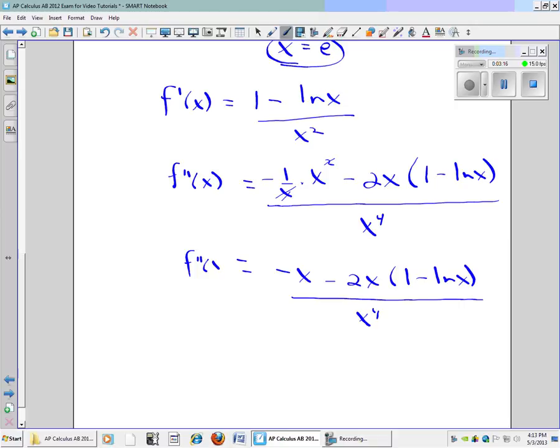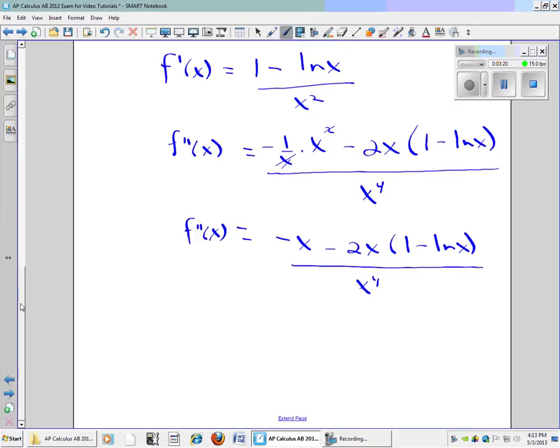And we want to find out what's happening at the point e. So the second derivative at e would be equal to negative e minus 2 times e times 1 minus ln of e over e to the fourth.